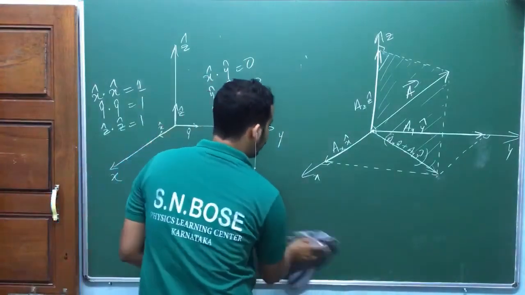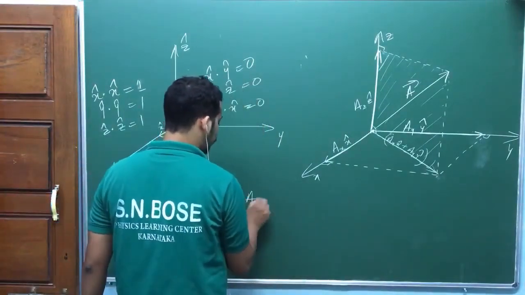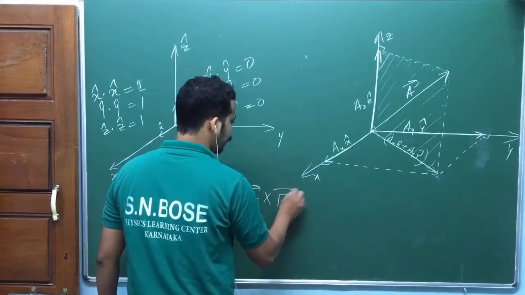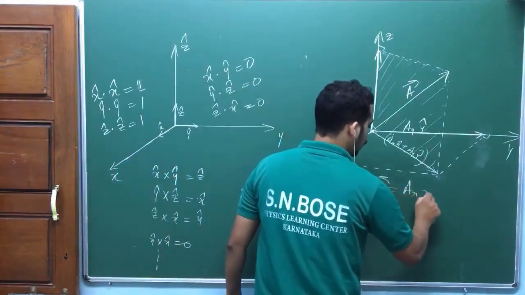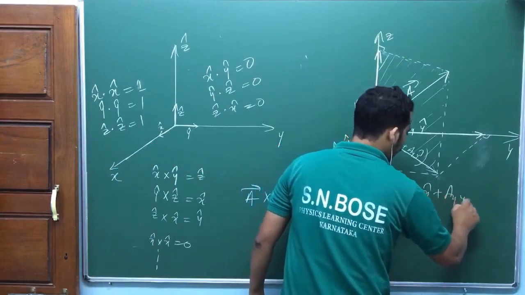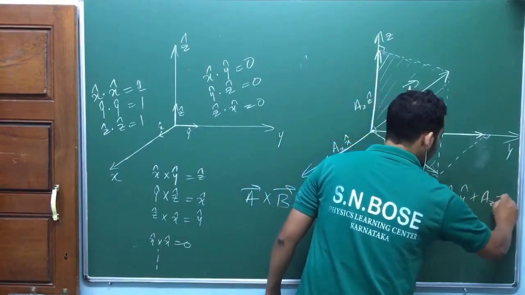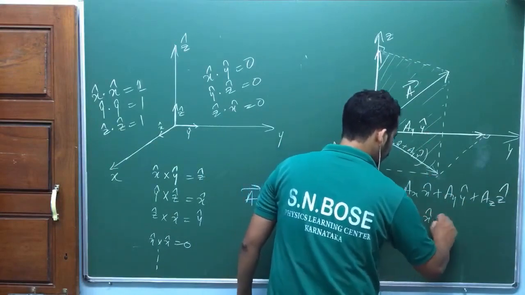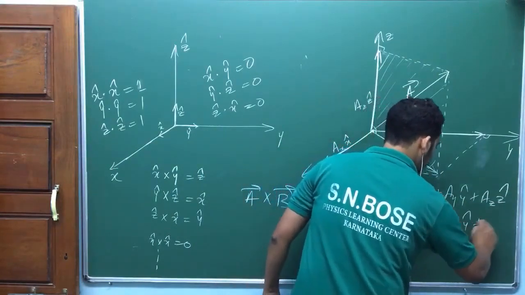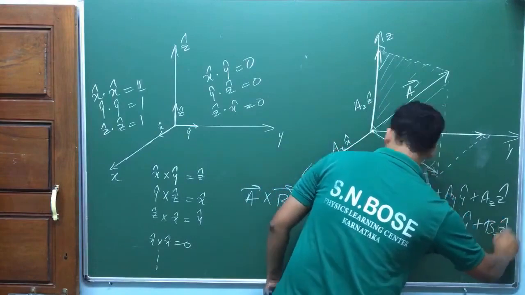Now, you can write A cross B. A is equal to AX x cap plus AY y cap plus AZ z cap. B is written like this: BX x cap plus BY y cap plus BZ z cap.